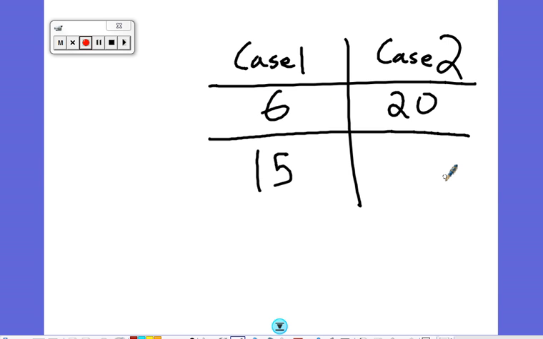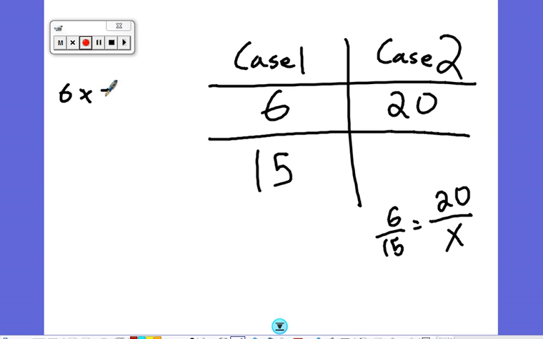And we make a proportion. We're just doing proportions again. So that's 6 over 15 equals 20 over whatever letter you want to come up with, X. All right. We went traditional on that. So that's 6x equals 15 times 20, or x equals 15 times 20 divided by 6.